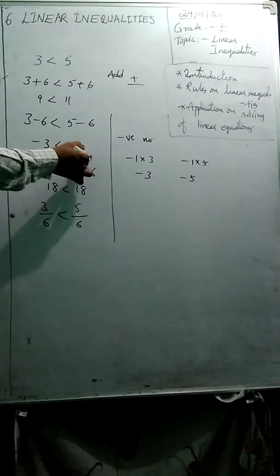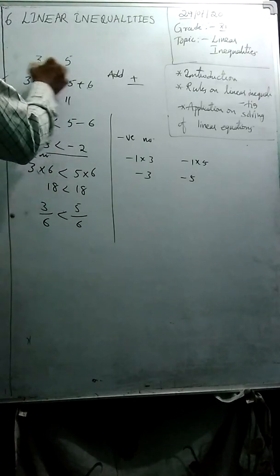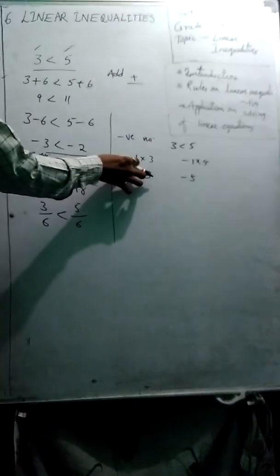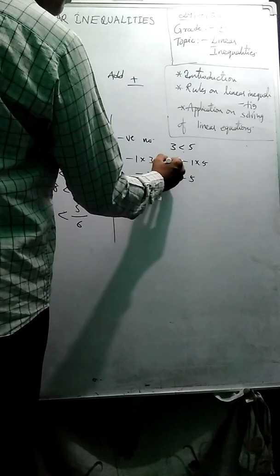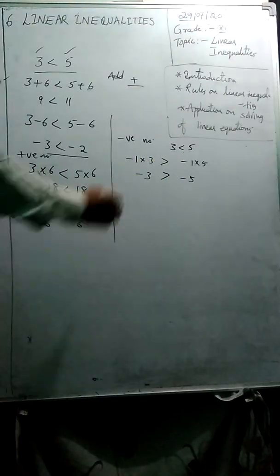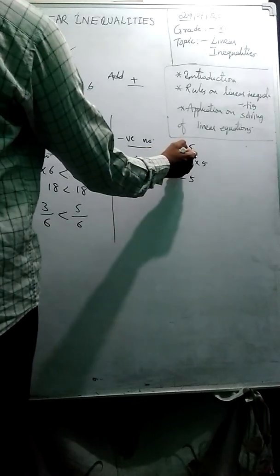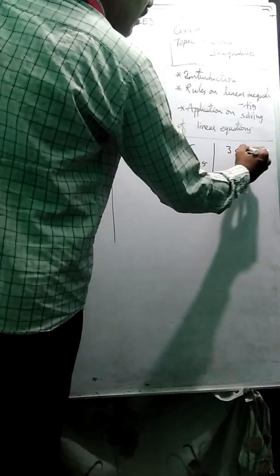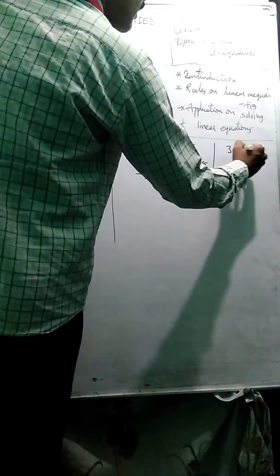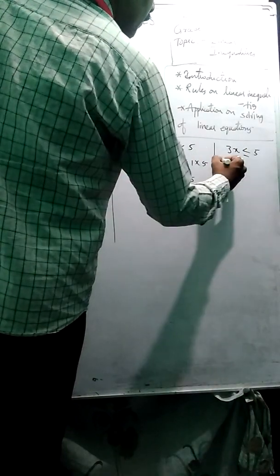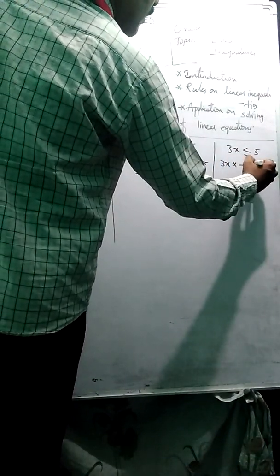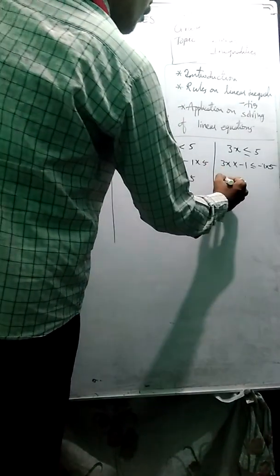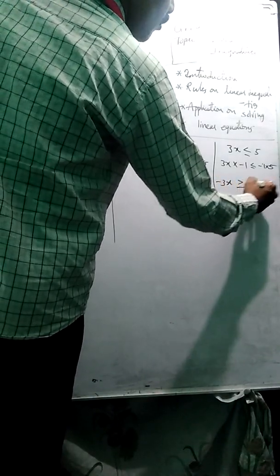Which is greater, friends? Actually, according to the given expression, 5 is greater than 3, 3 is less than 5. But when we multiply by a negative quantity, less than becomes greater than. So when we multiply by a negative quantity, the inequality gets reversed. Same problem: for suppose 3x is less than or equal to 5, if you multiply both sides by minus 1, automatically minus 3x is greater than or equal to minus 5.